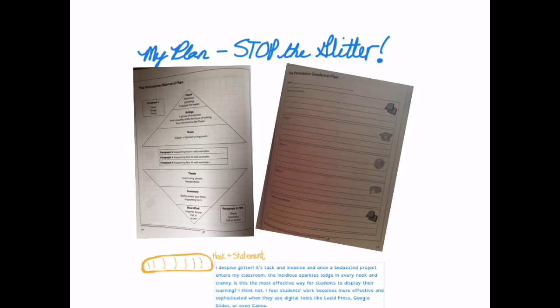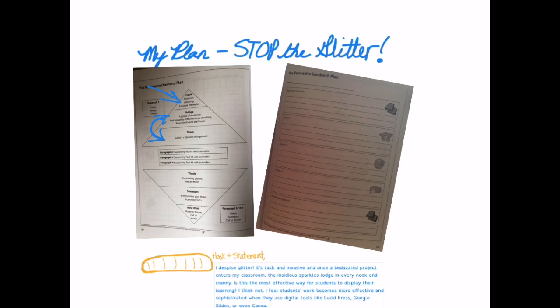And as you can see here, we have the hook. That's the attention getter. Then we kind of take this, we're going to group this together, and that is leading into our thesis statement. So I actually start with an argument. My topic is actually not about stopping the glitter at all.